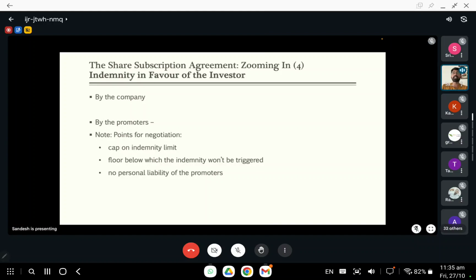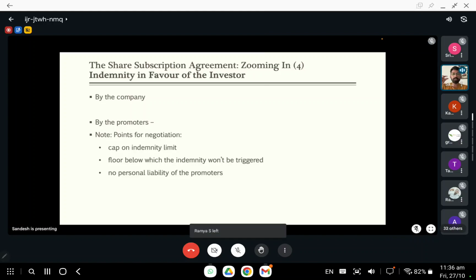They'll say that if the company does not have money, the promoters or founders might have to sell their personal assets to make me good. So when negotiating from your side, you will say, you cannot attach my personal assets for any reason whatsoever, unless it is something as egregious or criminal as fraud, gross negligence or willful misconduct. For small non-compliances, please don't come to me for claiming indemnities.